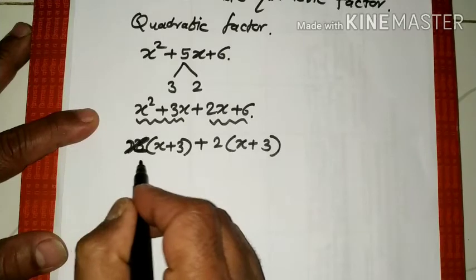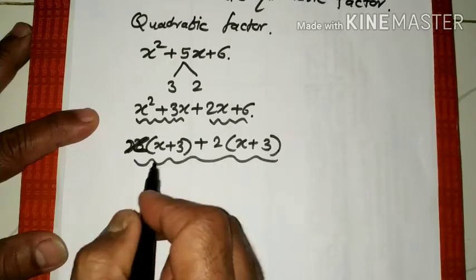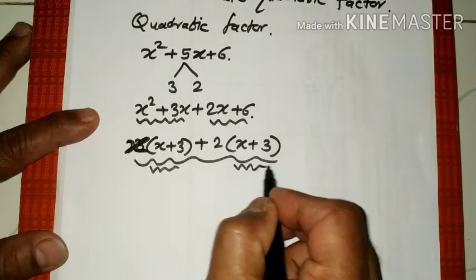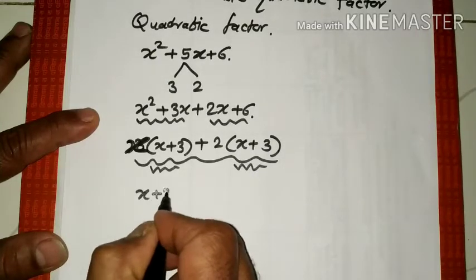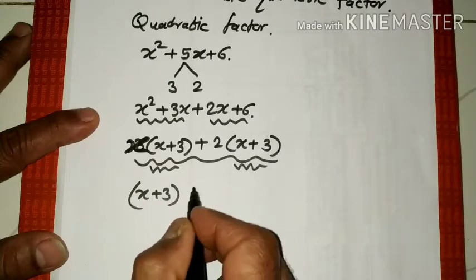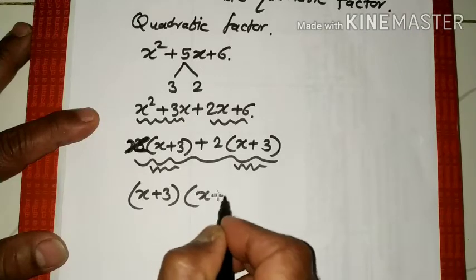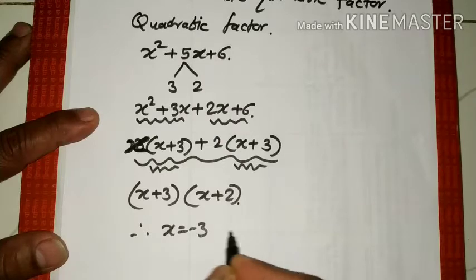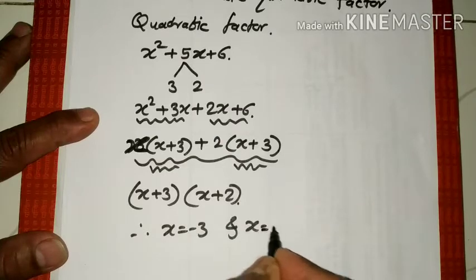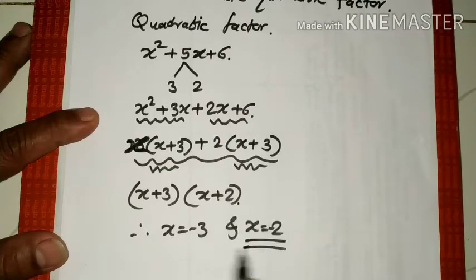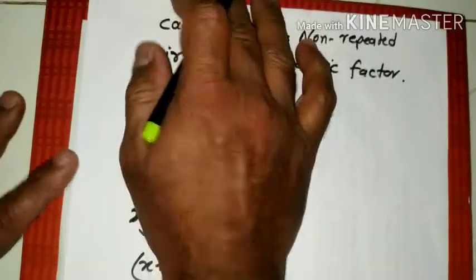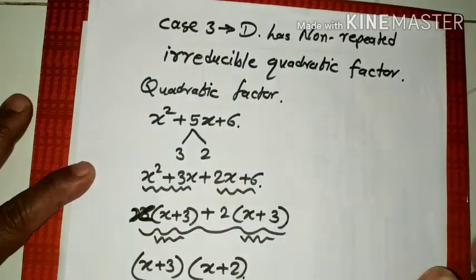Then the common factor is x plus 3, and in the second bracket x plus 2. Therefore x is equal to minus 3 and x is equal to minus 2. These are the factors of the given quadratic equation.